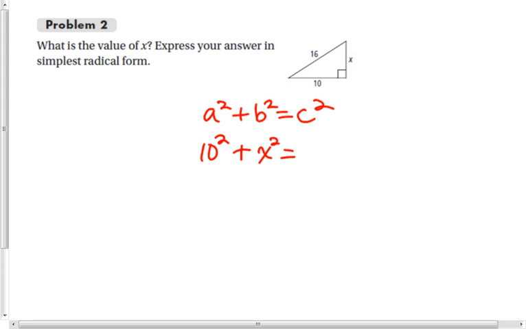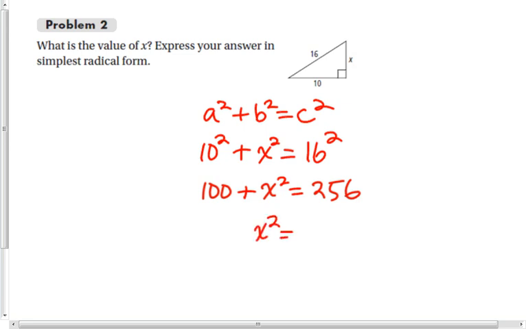And the hypotenuse is 16, that's c. So then we get 100 plus x squared equals 256 when we simplify those squares. Subtracting 100 from both sides, we get x squared equals 156. Taking the positive square root of both sides, we get x equals the square root of 156.